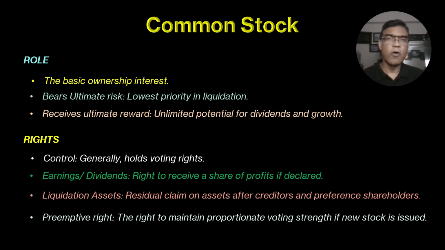In addition, common shareholders often hold a preemptive right, meaning they can maintain their ownership percentage if new shares are issued. In short, common stockholders are the true owners of the company. They take on the greatest uncertainty, but they stand to benefit the most when the business succeeds.